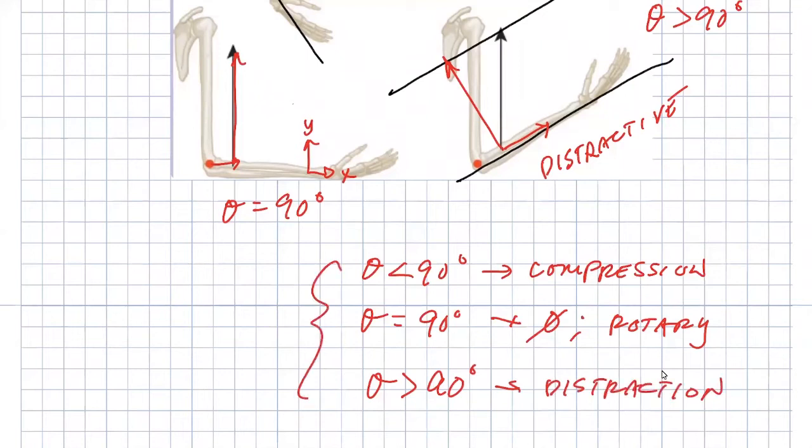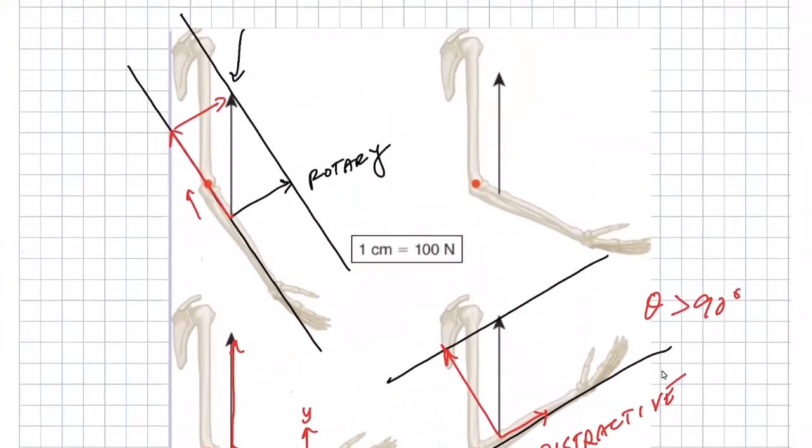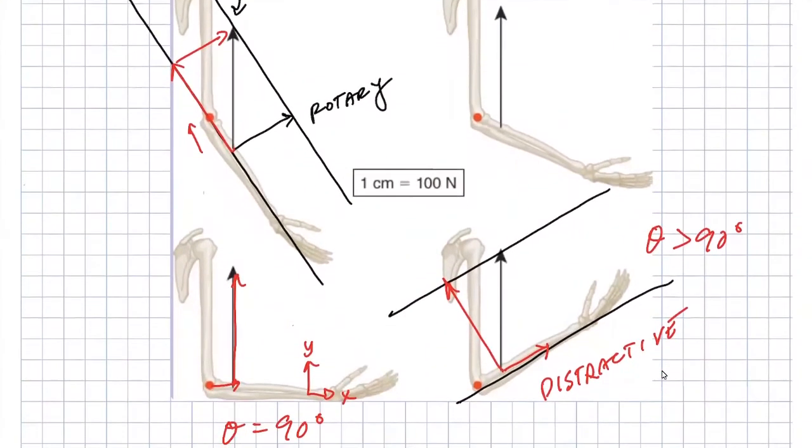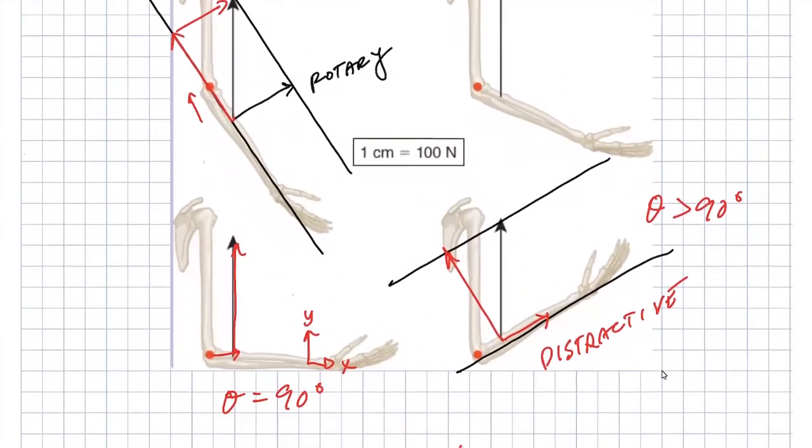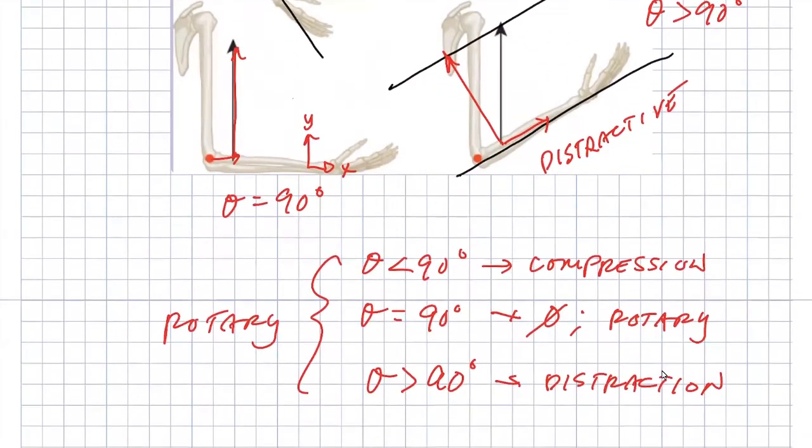And actually in all of these, obviously, this is all rotary, right? So the rotary component in all four of these angles, the biceps would obviously flex the elbow, but whether it's less than, equal to, or greater than 90 degrees will determine whether it's going to be compression or distraction as well.